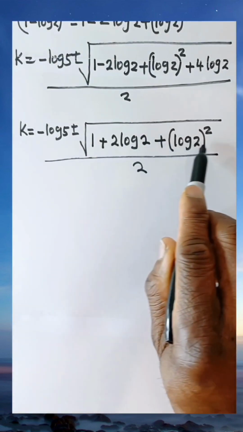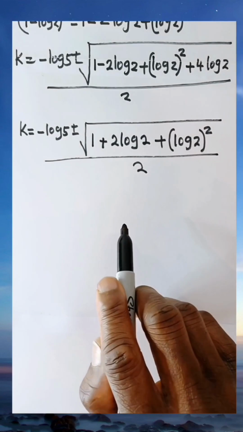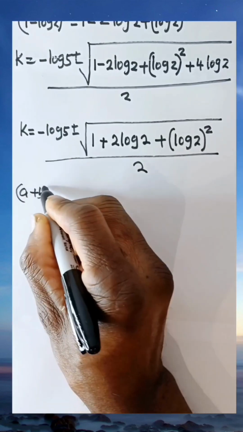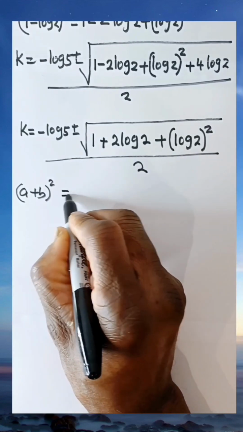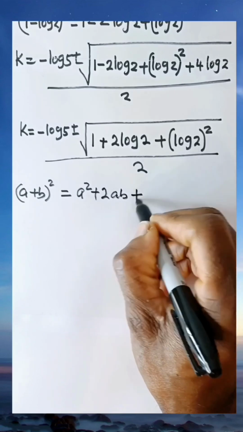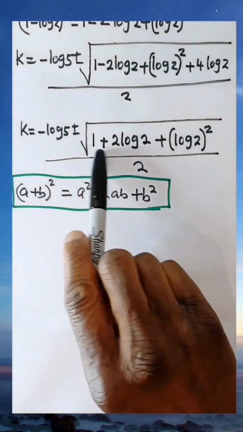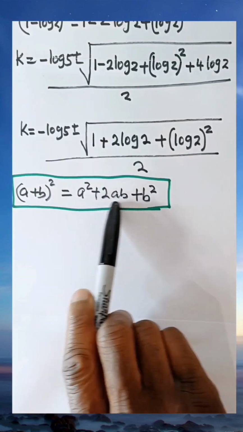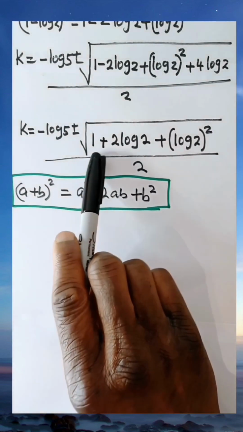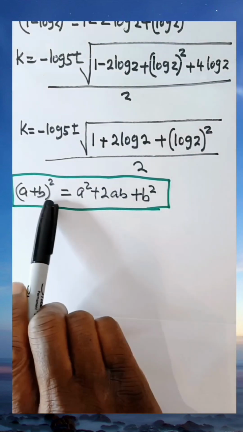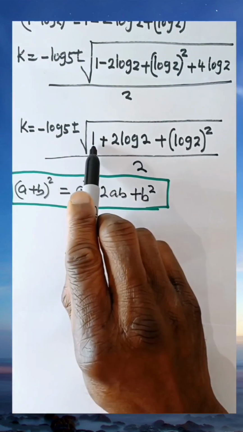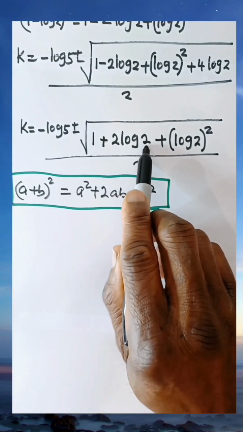Again, this expression represents an algebraic identity. If we have A plus B raised to the power of 2, this is equal to A squared plus 2AB plus B squared. So this expression is in the same format as the right-hand side of this algebraic identity. So what we're going to do next is to represent this expression in the form on the left-hand side. Here A is represented by 1 and B is represented by log 2.